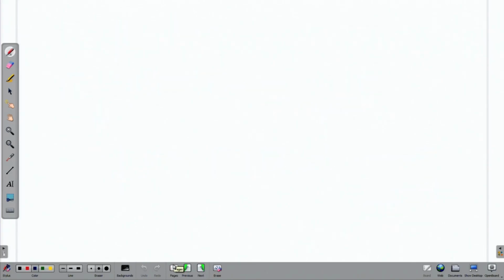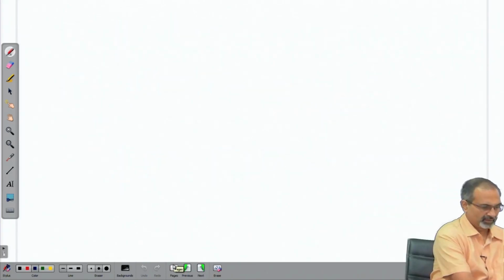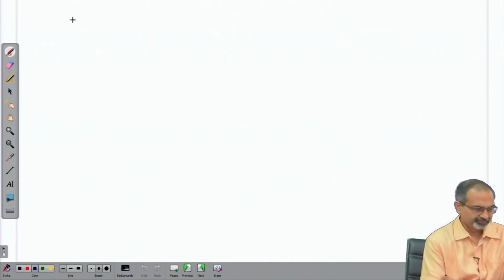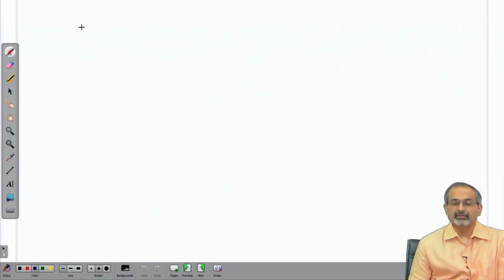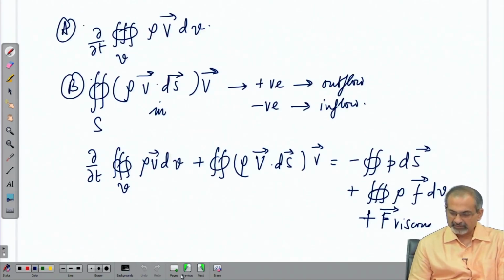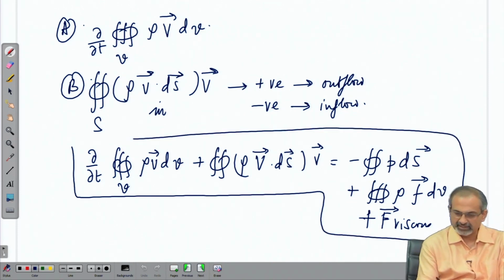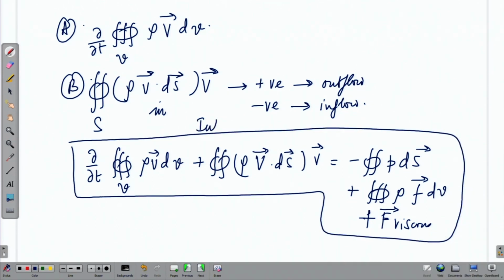Once we do that, we will apply the gradient theorem to obtain the momentum conservation at a point in the flow, because this expression is basically the integral form of the momentum conservation equation.